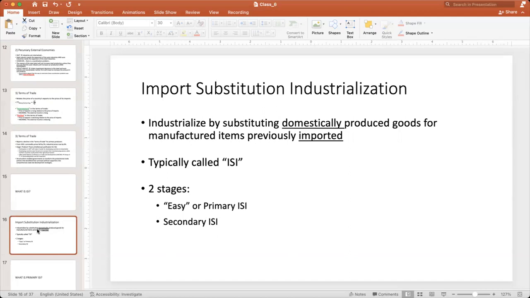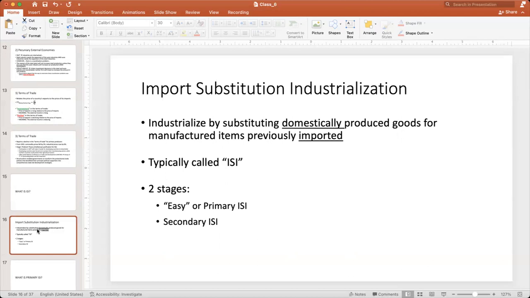So firms that produce cars in Germany couldn't produce more cars, but you need cars. So your country started to produce these cars to replace the imports with domestic products or domestic goods. So this is the import substitution industrialization.